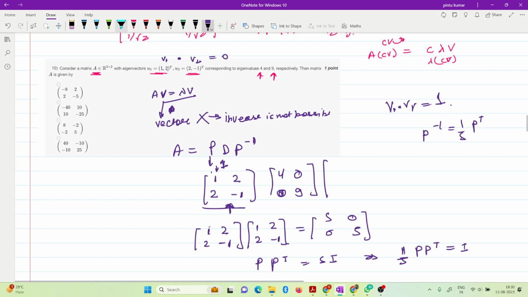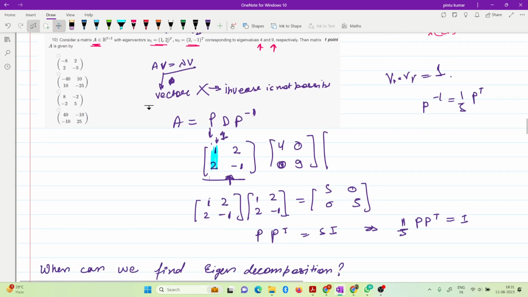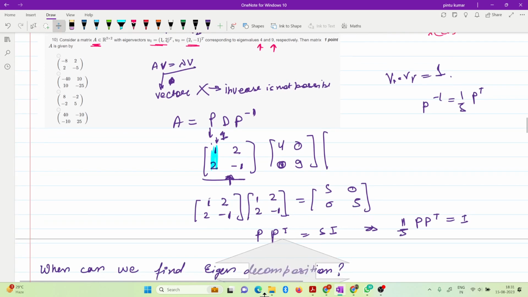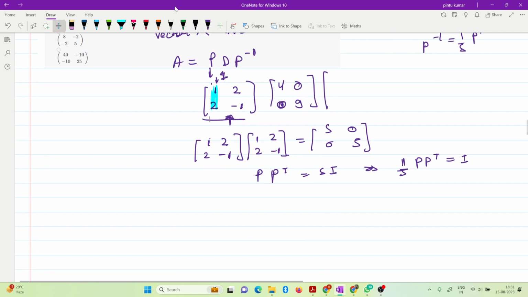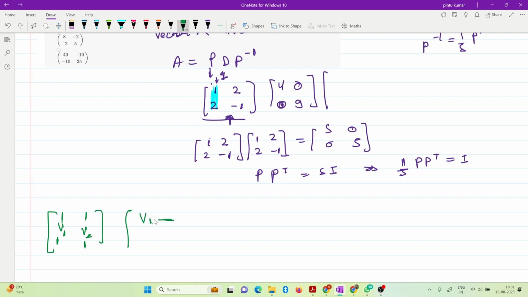I was talking about the length of vectors. I'll make this thing more clear for you. Let's say you have a matrix where V1 is your first column, V2 is your second column, and now you took its transpose.